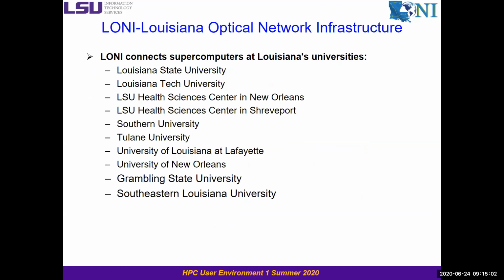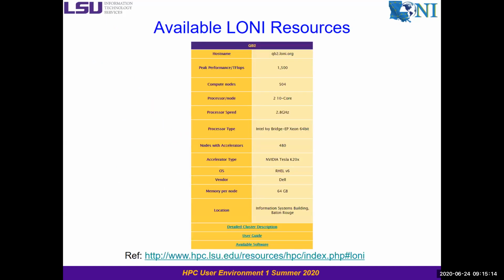Here's a list of part of the LONI member institutions. You can find a full list on the LONI website. For LONI, we currently have only one supercomputer for most of the users, called QB2. You can also find the configurations on the LONI website.